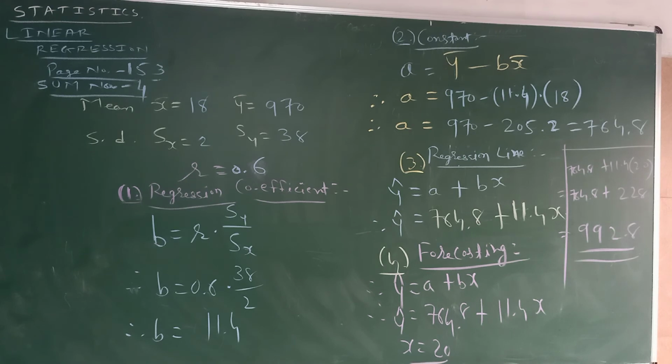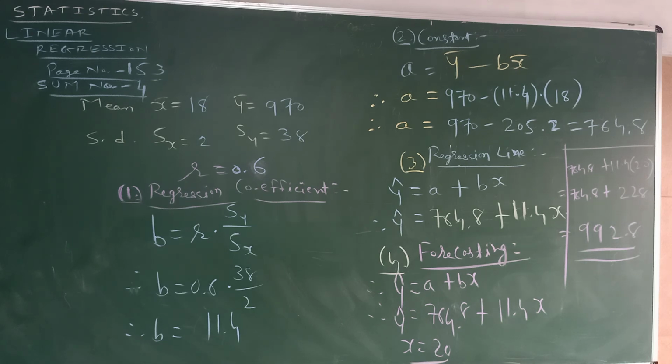For homework, you can do sum number 5 of section E, and in section F you can also do sum number 6 by yourself. So thank you students, this is the homework for you.